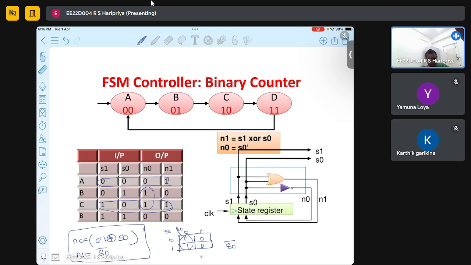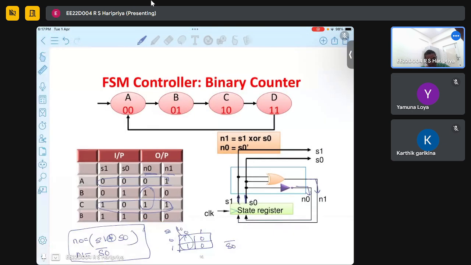So we have got the equations. We have a state register. For example, we are using the D flip-flop. So these are the state values, and we want to get the outputs n0, n1.